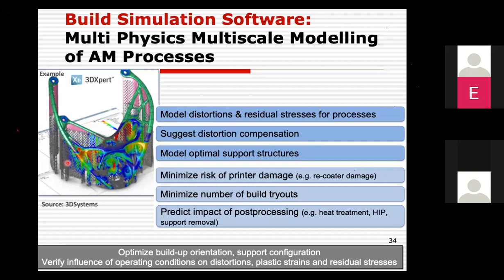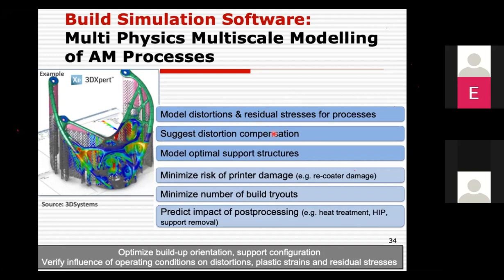But you can anticipate a lot of distortions, or residual stresses that develop within the layer or at the interfaces, and you can even anticipate distortions or warpage and shrinkage problems, which can be compensated once you have done certain simulation.